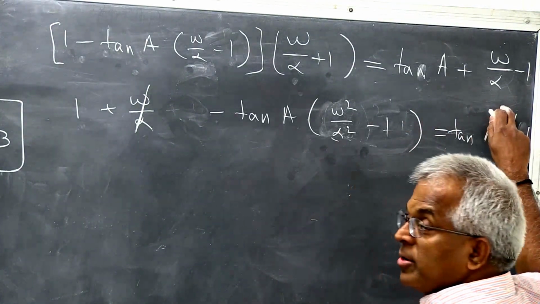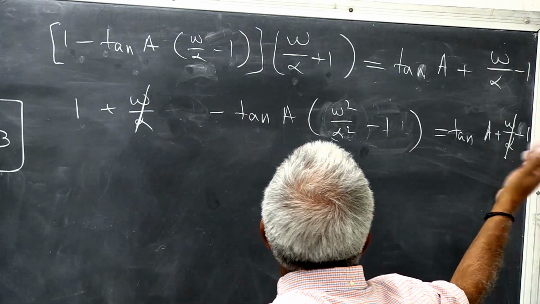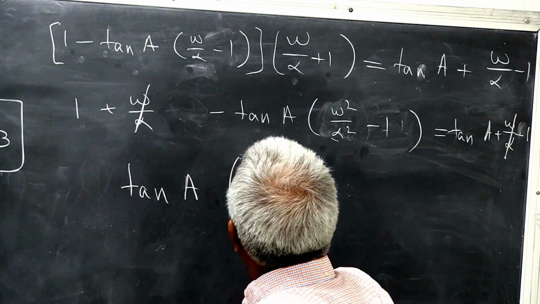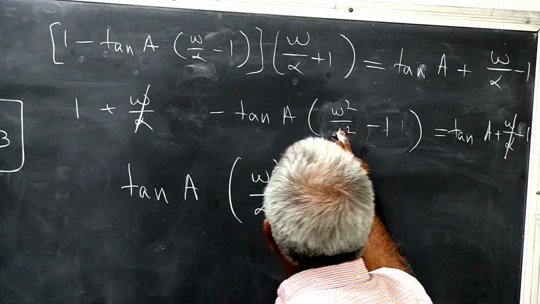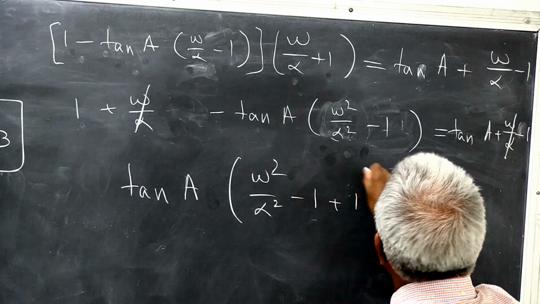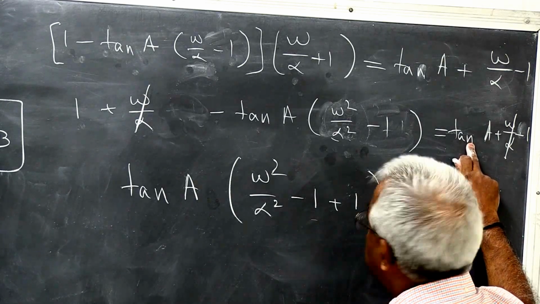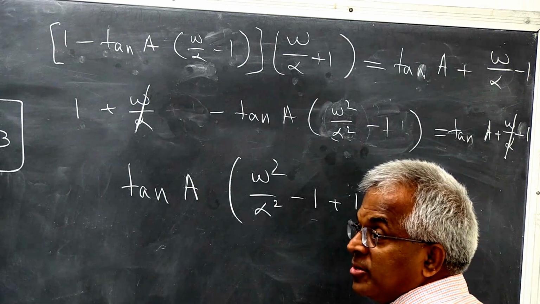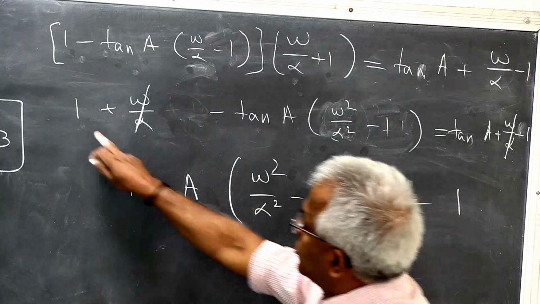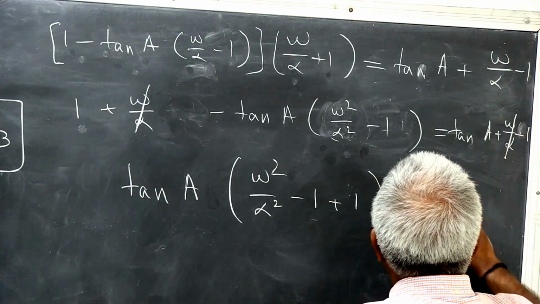And here this is fine, right? This cancels with this. Let me take the tan alpha to one side. So I have tan alpha multiplied by omega squared over alpha squared minus 1. I'm going to take it to this side, plus 1 from here. Tan alpha plus 1 equal to 1, isn't it? We have a minus, okay, so this will be 2.